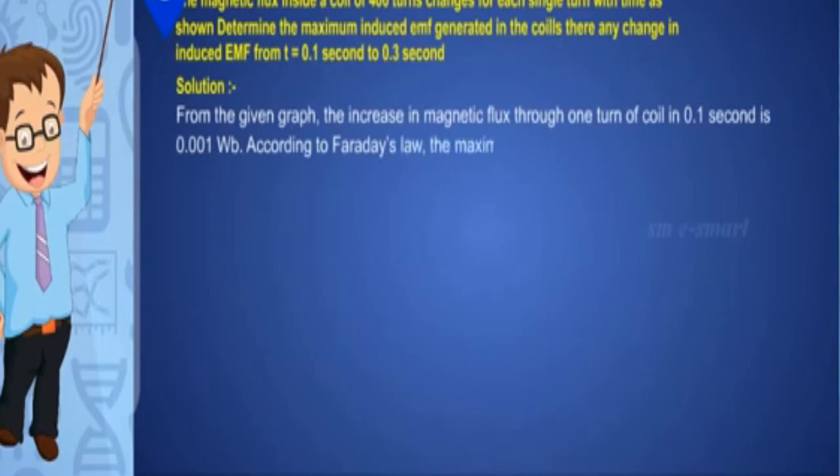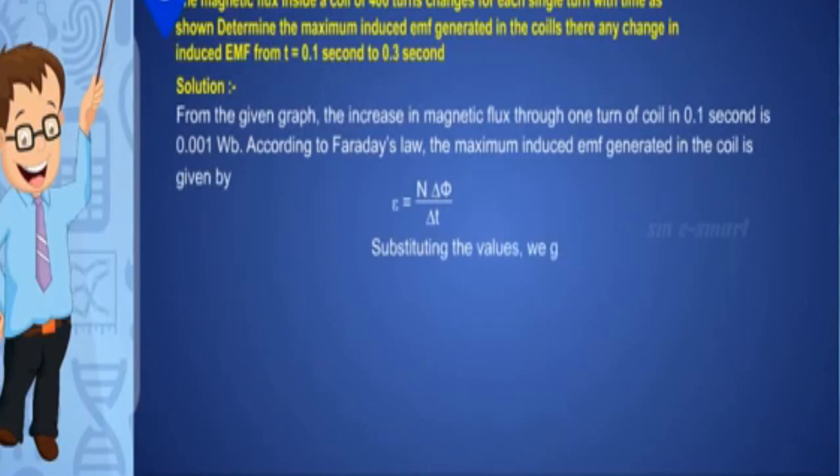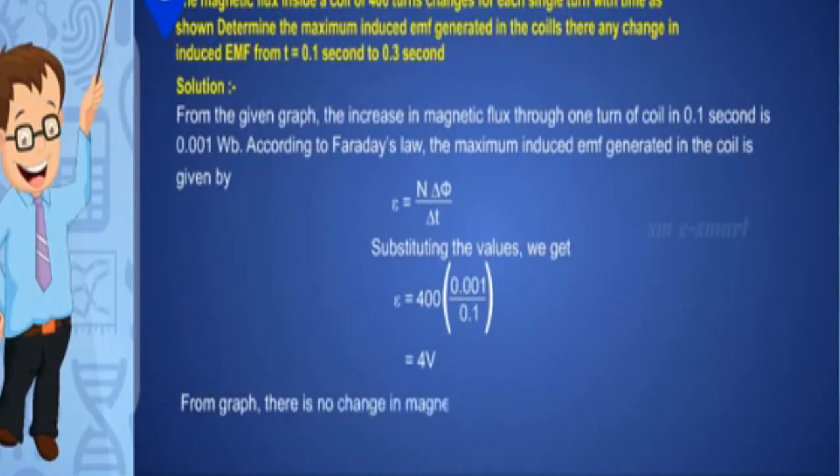According to Faraday's law, the maximum induced EMF generated in the coil is given by epsilon equals N delta phi by delta t. Substituting the values, we get epsilon equals 400 into 0.001 by 0.1 equals 4 V. From the graph, there is no change in magnetic flux through the coil from t equals 0.1 second to 0.3 second. Hence, no EMF is generated.